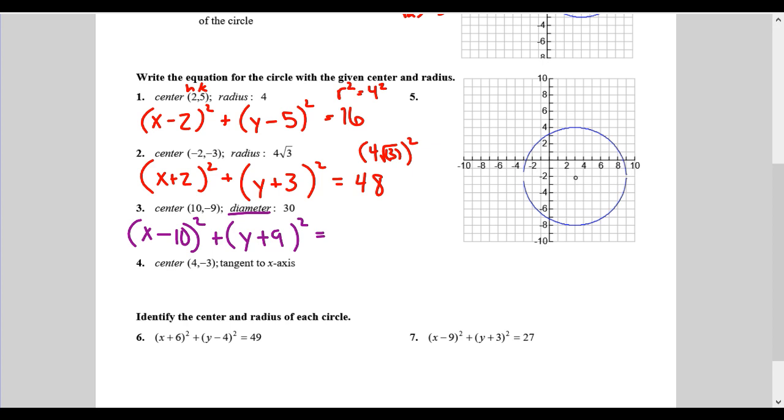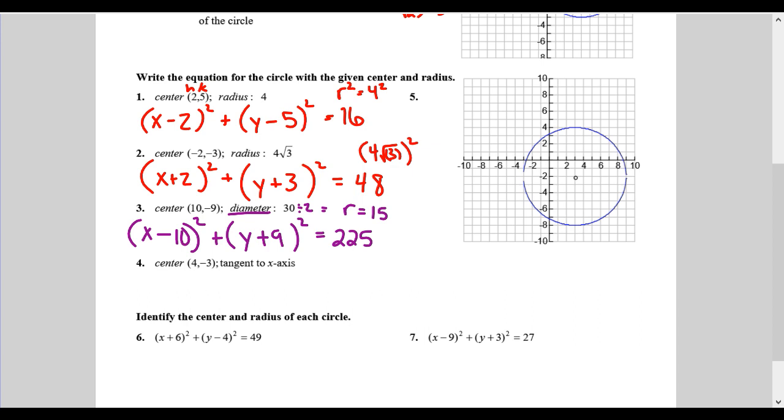How do I get the radius from the diameter? Cut it in half, right? Diameter goes all the way through, so I just want half. So if I divide this by 2, r equals 30 divided by 2, which is 15. And then 15 squared gives me 225. Okay? Remember, we're squaring it, we're not timesing it by 2.